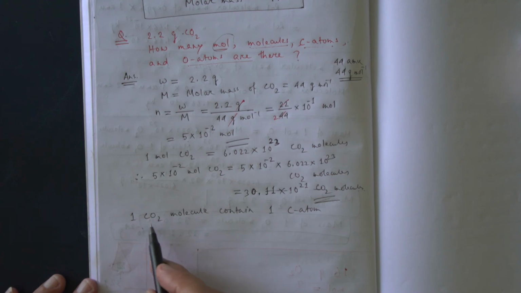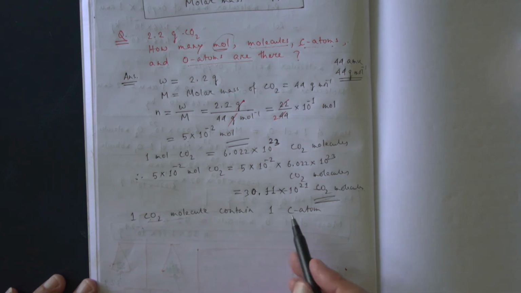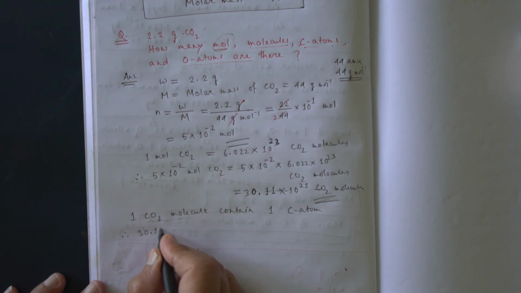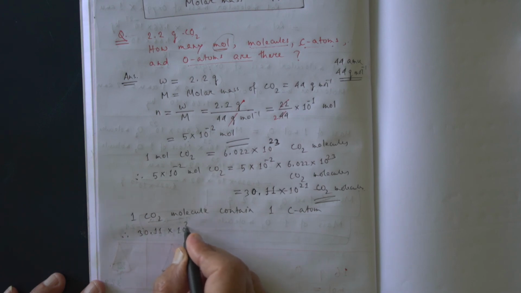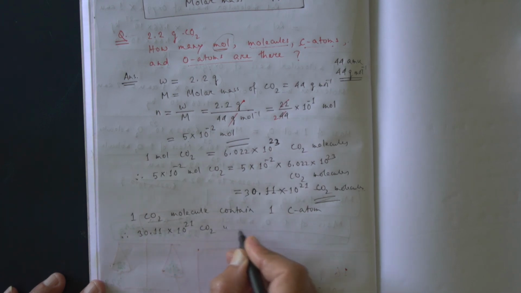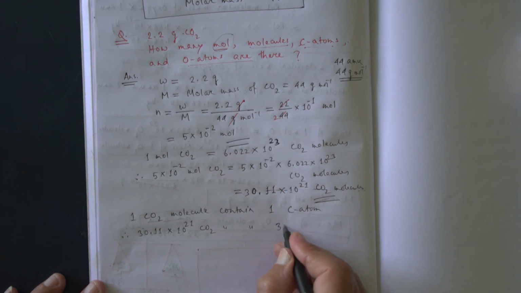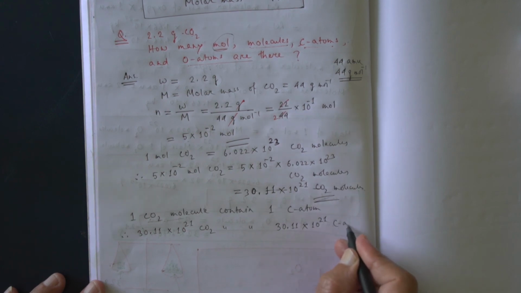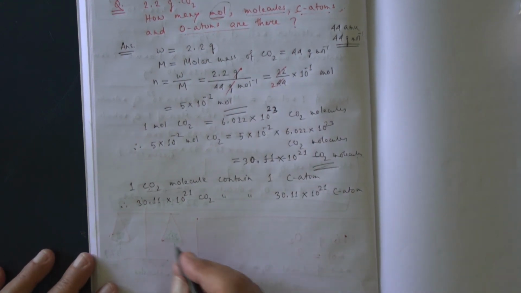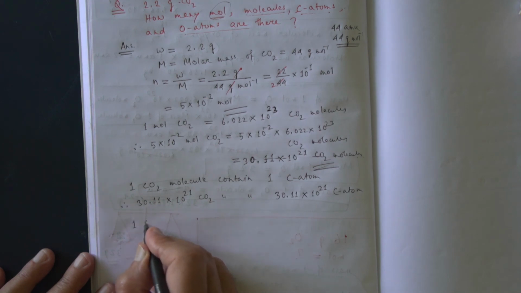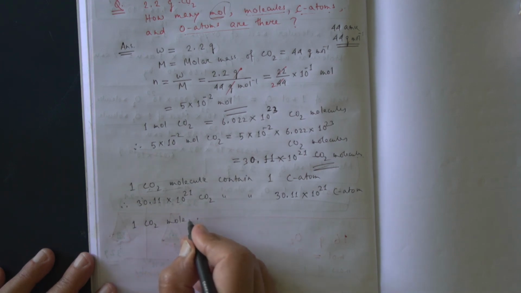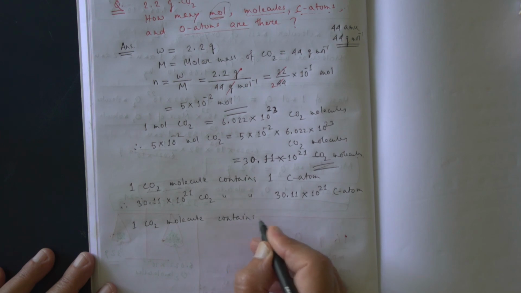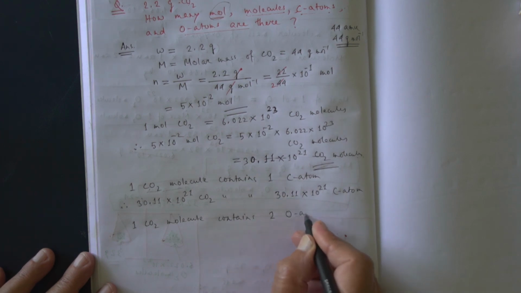How many carbon atoms are in one molecule? Just one. So 30.11 into 10 to the power 21 carbon dioxide molecules contain the same, 30.11 into 10 to the power 21 carbon atoms. Okay, and 1 carbon dioxide molecule contains 2 oxygen atoms.